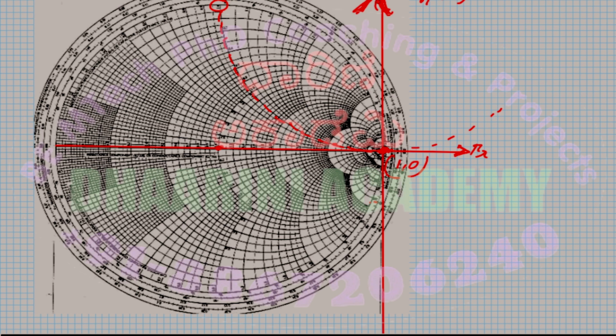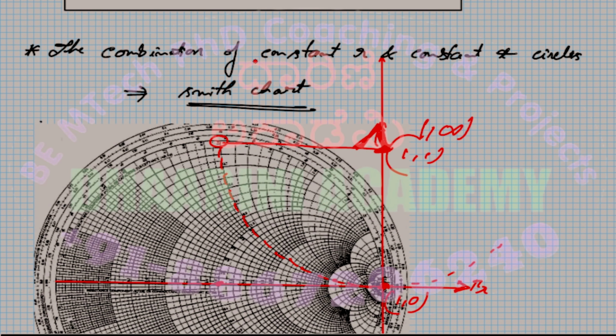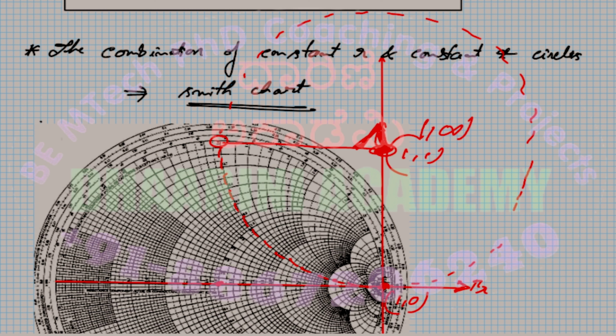Now we can see the center of that circle lies somewhere here. That is 1 comma 1. It's actually the center is located on this vertical line itself. If you draw the complete circle, this is how it's going to look like. Right, center is 1 comma 1. So at infinity I have x equal to 0.